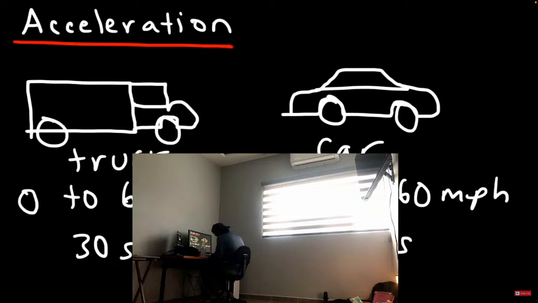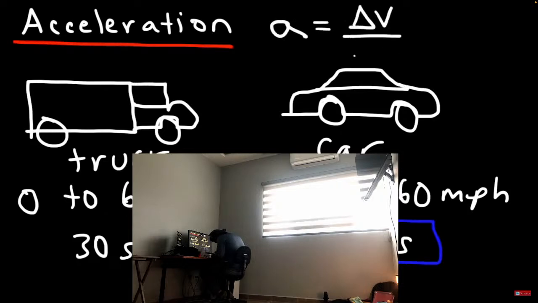So because the sports car can get to a certain speed faster than the truck, it has a greater acceleration. And so acceleration tells you how fast the velocity is changing. Acceleration is defined as the change in velocity divided by the change in time, or sometimes you could just put t.